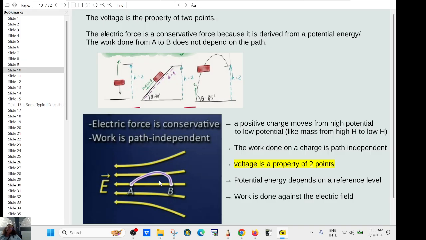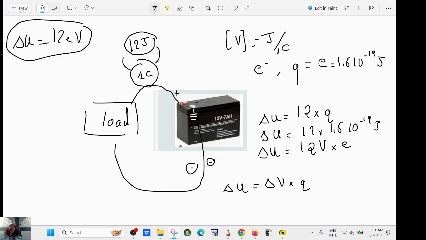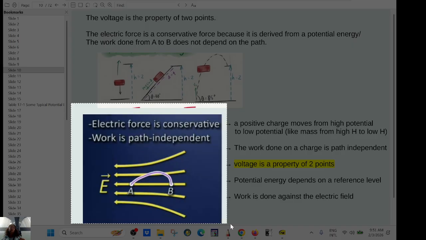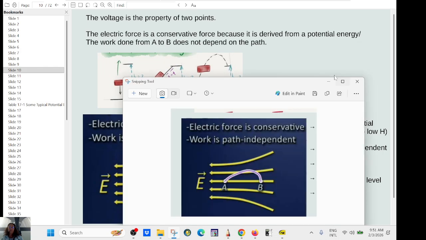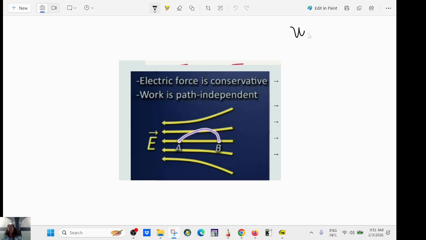The voltage will be the work that you have to do to take 1 coulomb of charge and go from A to B. For the computation, you want to go straight, because it doesn't matter if you go this way or that way, because the electric force is conservative. So it's work that you have to be doing. See, work is force times displacement.